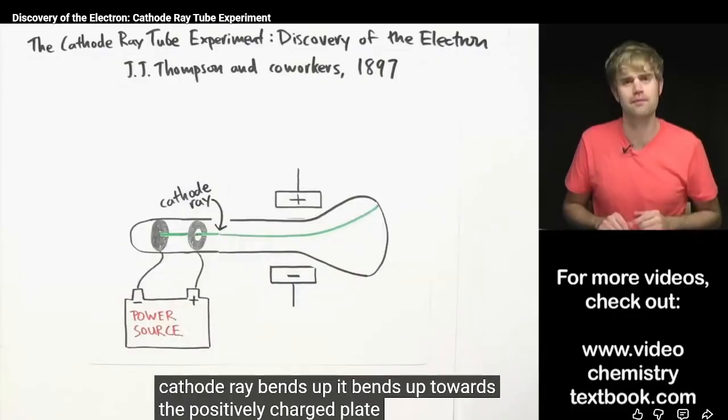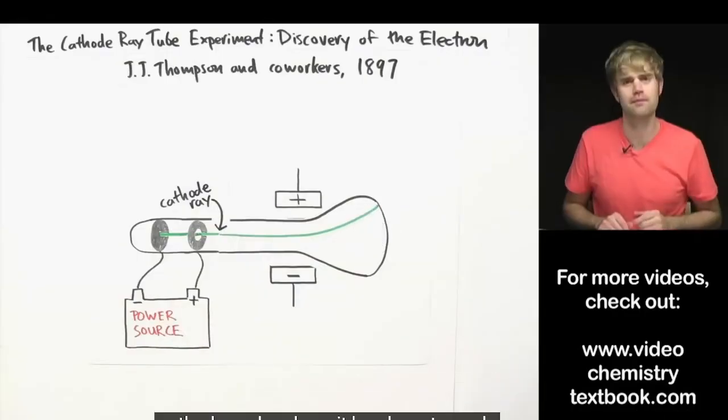Do you guys know what positive and negative charges do to one another? Yeah, positive and negative attract. Opposites attract, exactly. Do you know what positive does to positive? It repels. Do you know what negative does to negative? It repels.